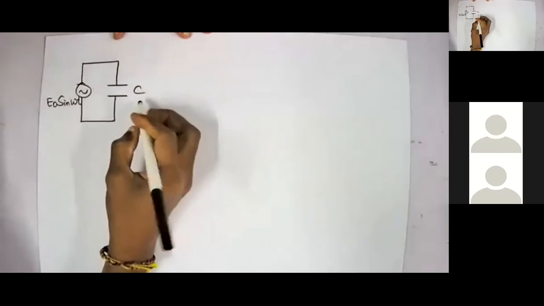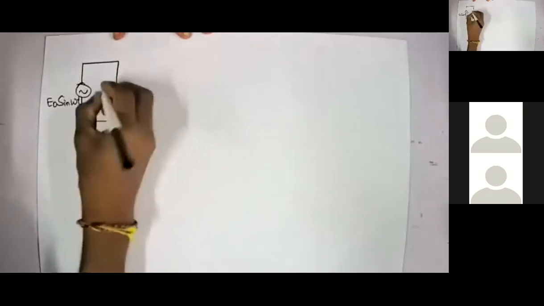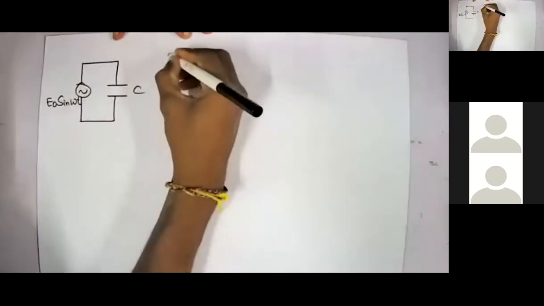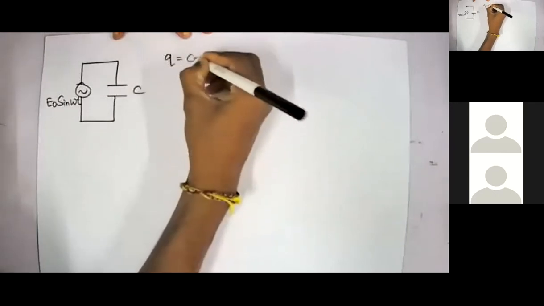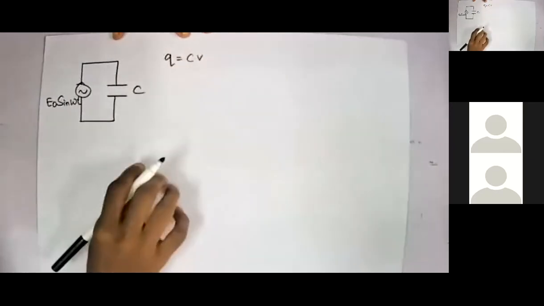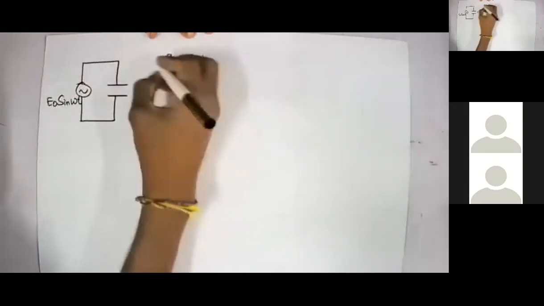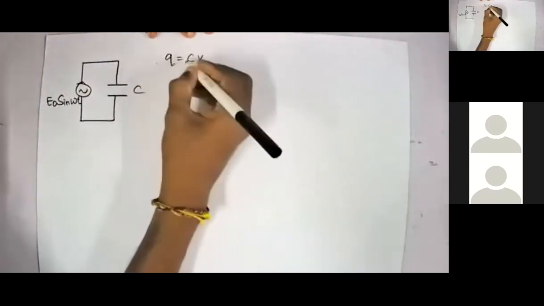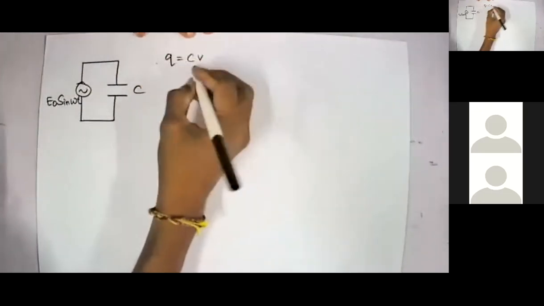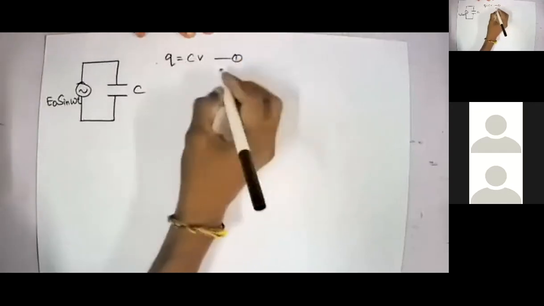So we can write the total charge stored in this capacitor, Q equals C into V. Capacitance into the voltage applied across the capacitor. Let this be equation 1.